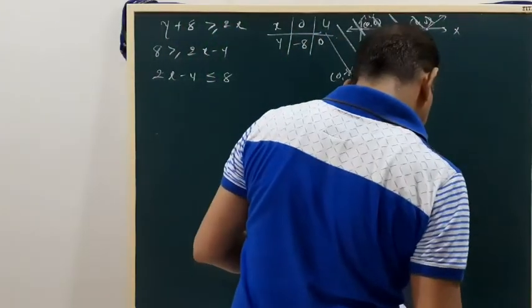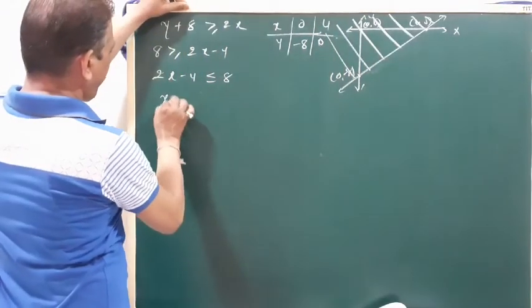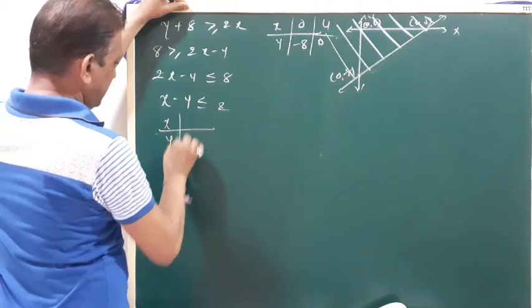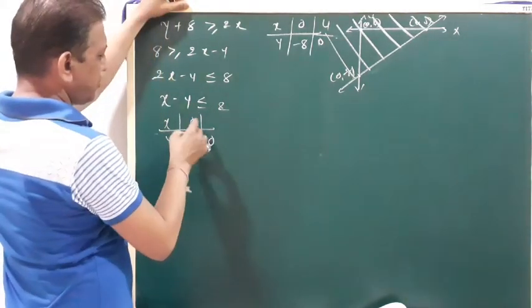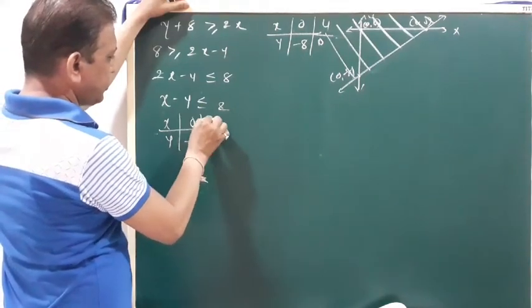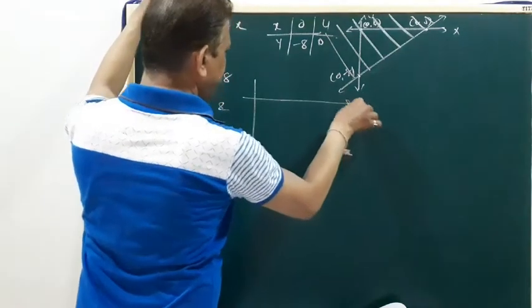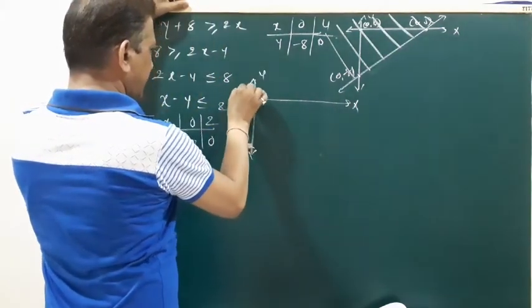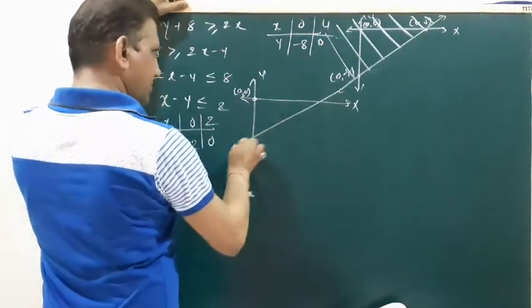Easy sums. Now x minus y less than or equal to 2. So table. Put x equal to 0, so y equal to minus 2; y equal to 0, x equal to 2. Again same graph. Here 2, 0 and 0, minus 2.